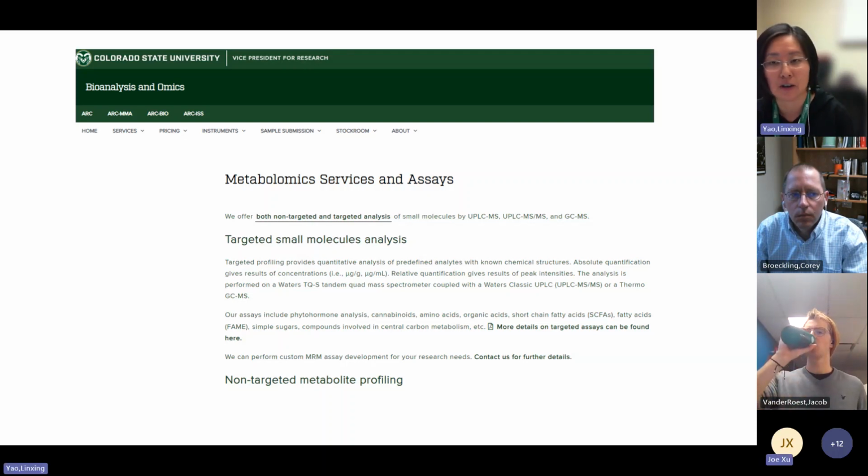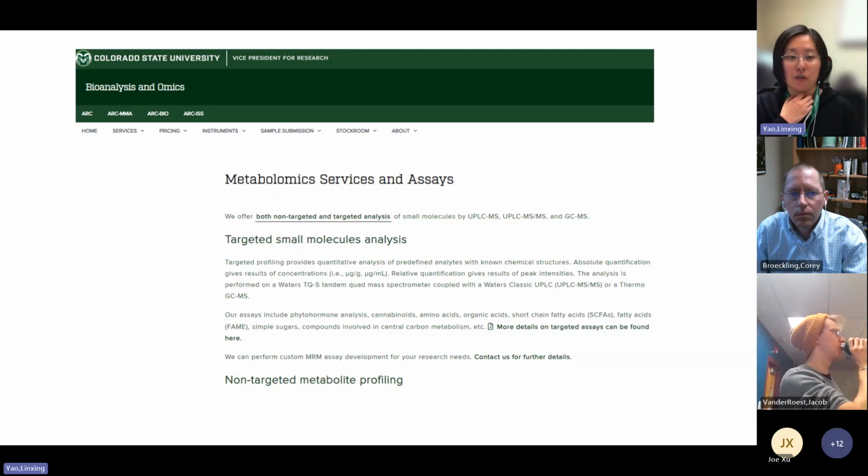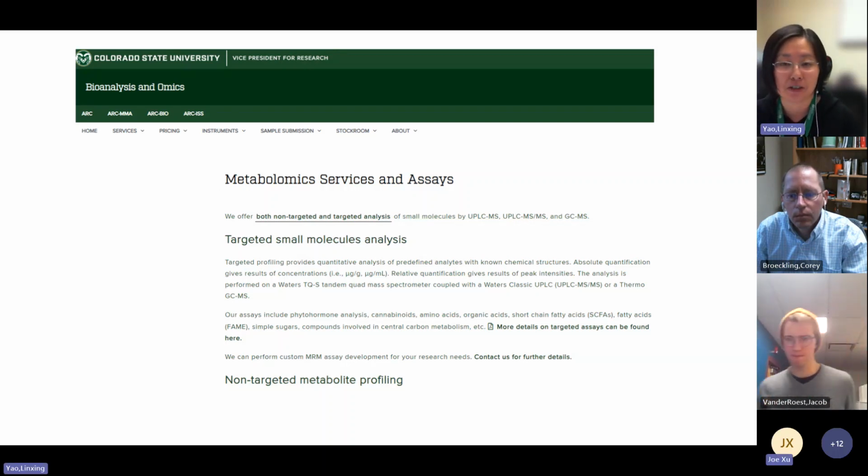This is not doable in TOF, because it is related to the scan time, how many compounds you can scan.